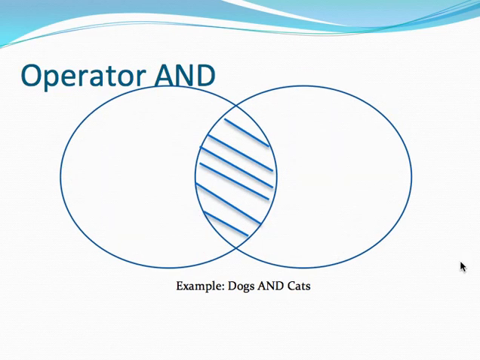Now, when we use the operator AND and we use the same two keywords, dogs, cats, when we combine them with the operator AND, we are narrowing the search because we will only retrieve documents or information resources that combine in the same document the word dogs and the word cats. Okay?